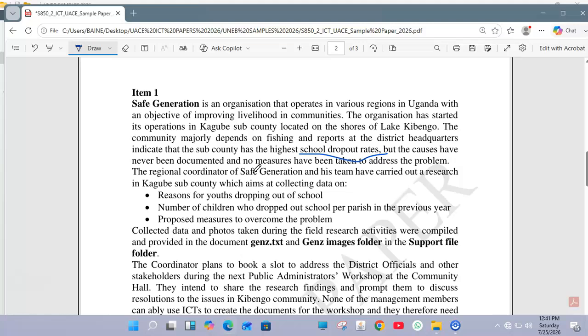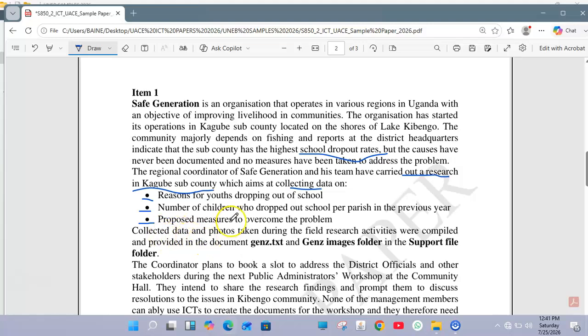the regional coordinator of Safe Generation and his team have carried out research in Kagube sub-county, which aims at collecting data on the reasons for the youth dropping out of school, the number of children who dropped out of school per parish in the previous year, and the proposed measures to overcome the problem.